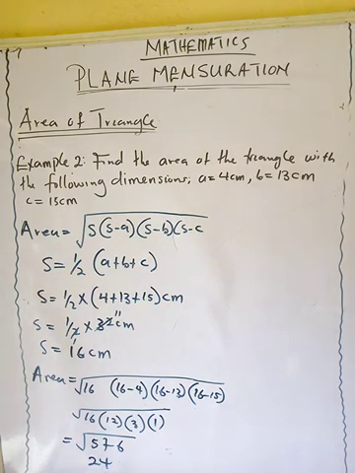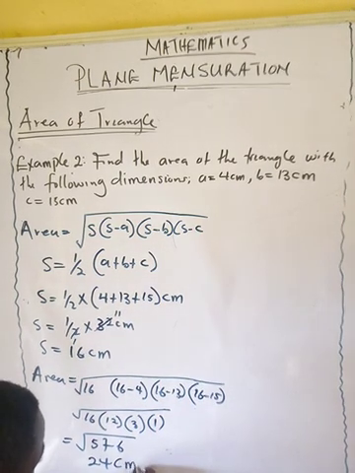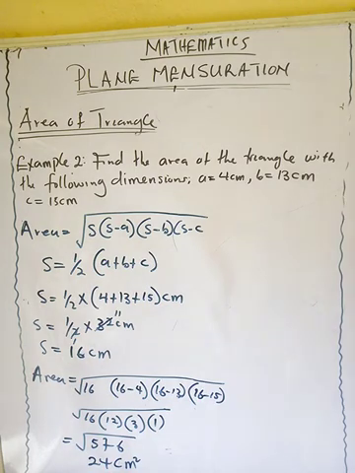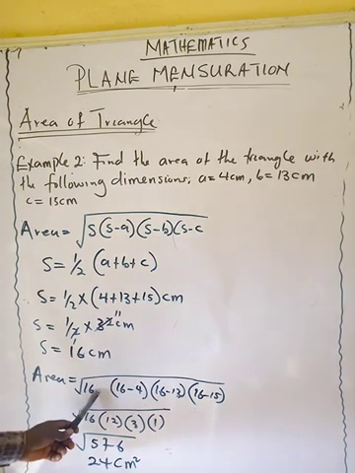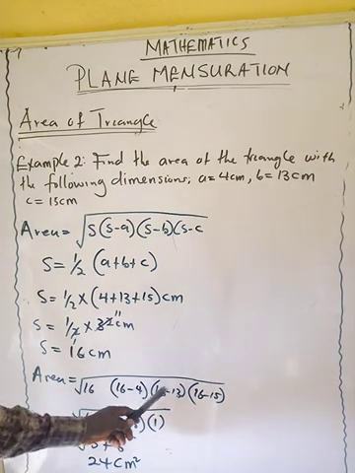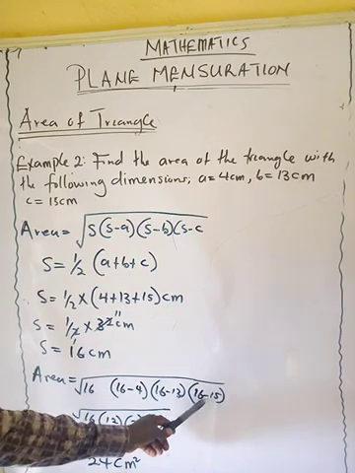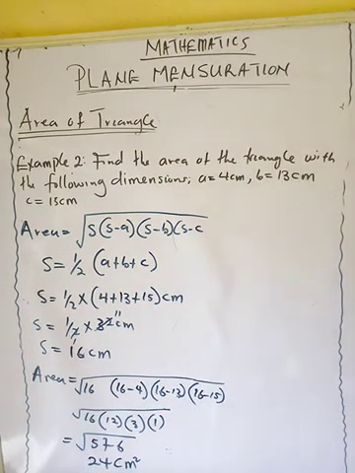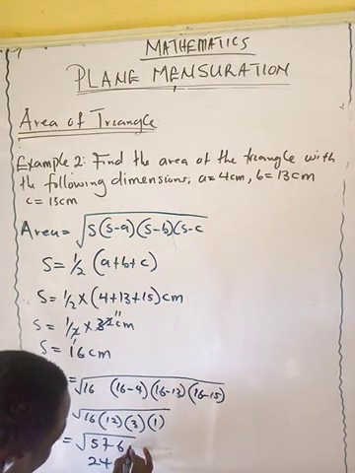24. Now we want to put our centimeter, and it is centimeter squared. Centimeter what? Centimeter squared. So let me explain how it is centimeter squared. If you look at our question, we have centimeter here, centimeter here, centimeter here, centimeter here. That is centimeter raised to power of 4.